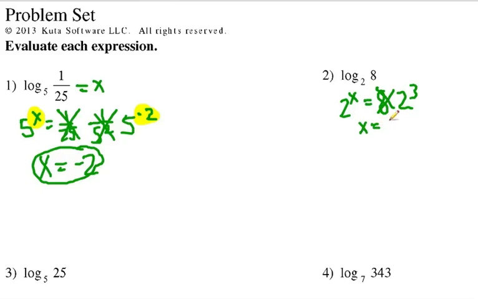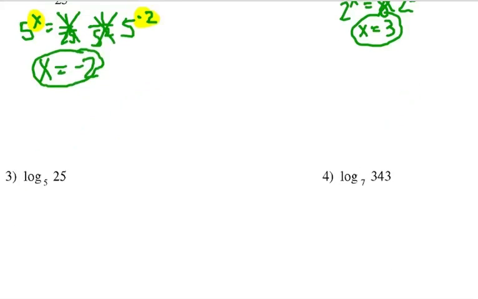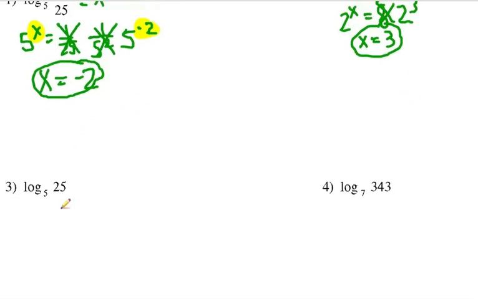Alright, again, I know it's a simple example, but we're going to prove it with the log change of base formula. Alright, let's look at 3 and 4. Number 3, log base 5 of 25. Well, 5 to the what power is 25. Well, we can kind of figure that out pretty quickly. That's got to be 2. 5 to the second power must equal 25.